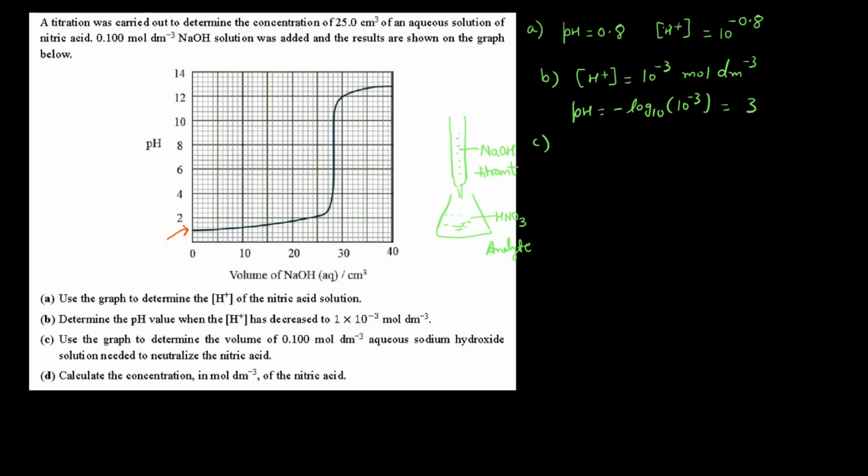Use the graph to determine the volume of 0.100 mole per dm cube aqueous sodium hydroxide solution needed to neutralize the nitric acid. So in order to completely neutralize nitric acid, the volume of sodium hydroxide required will be obtained from the equivalence point. So at the equivalence point, what is the volume of NaOH?